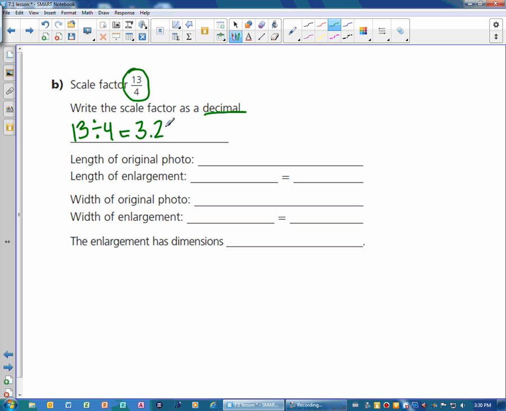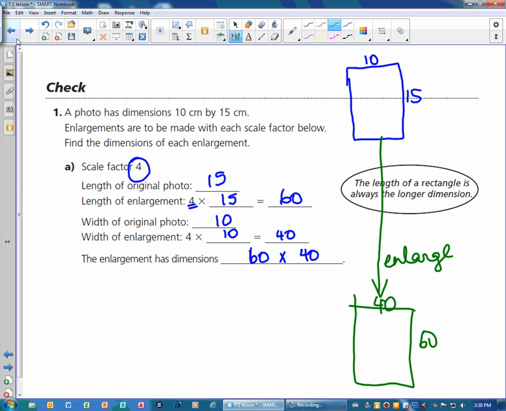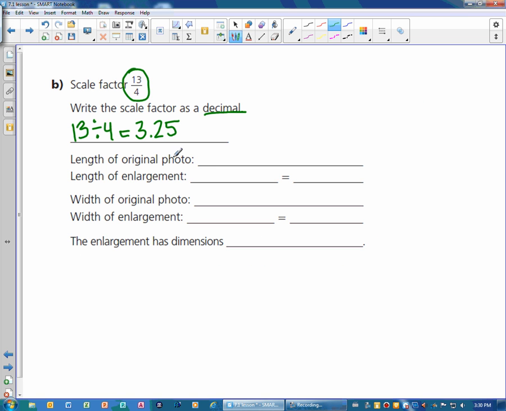So remember our photo, I can't remember, one sec, I gotta go back. Our photo was 10 by 15. Okay, length of original photo was 15. Remember the length is the longer one. Length of original was 15, width of original was 10.